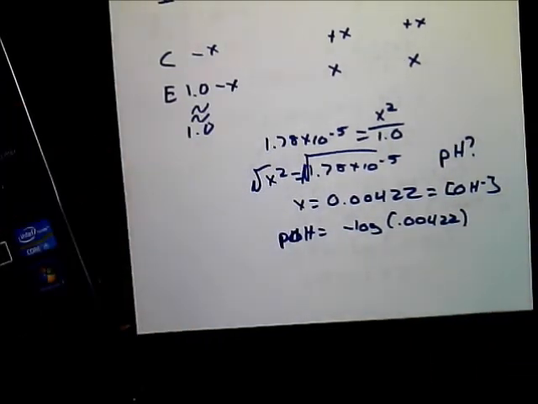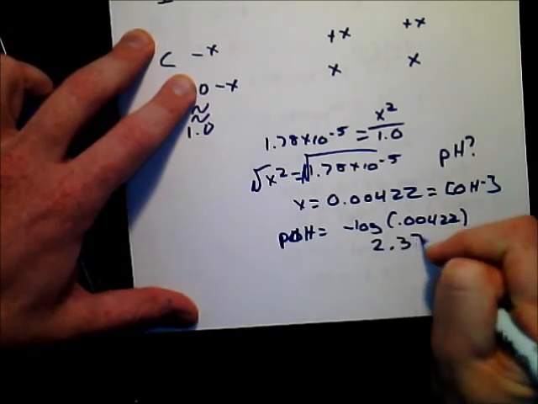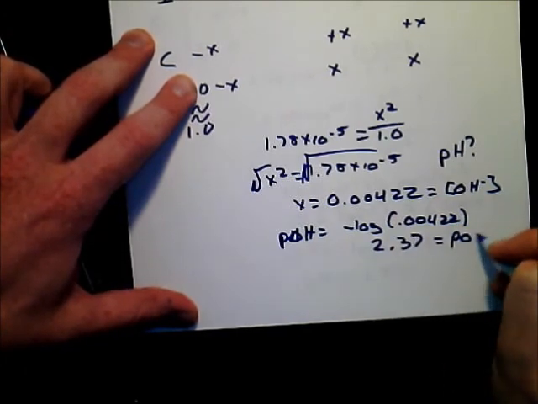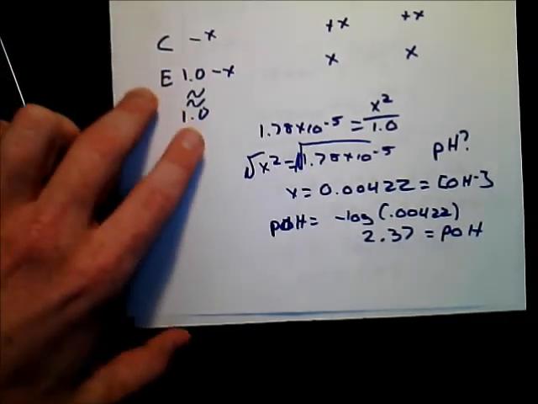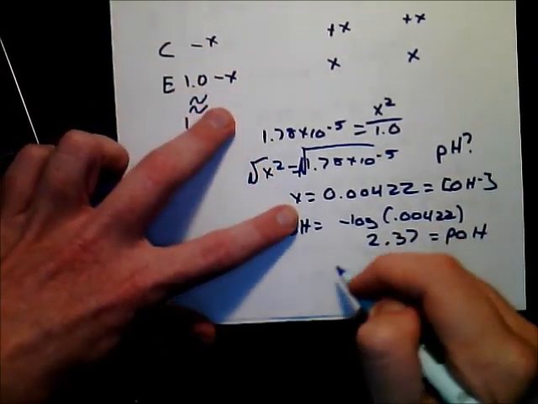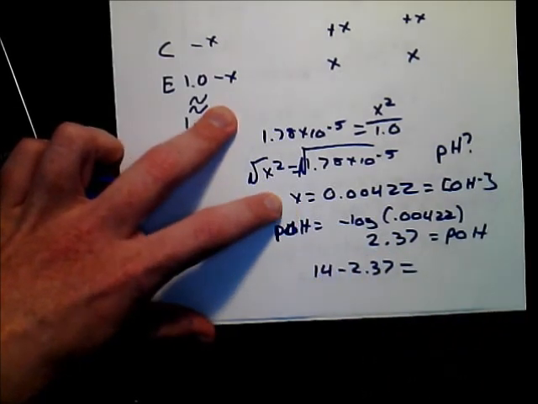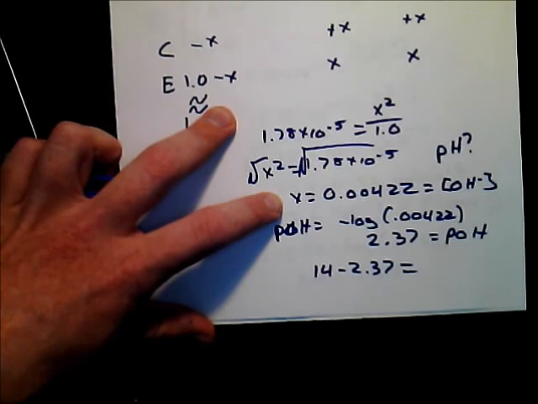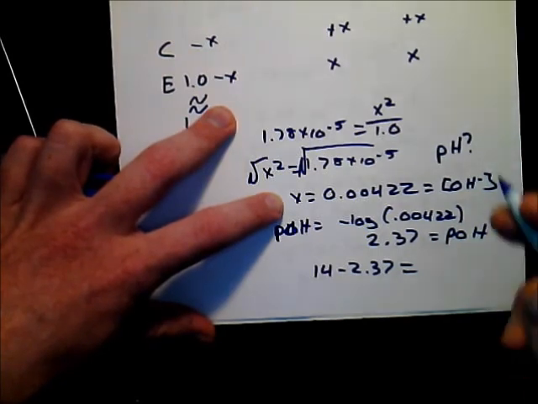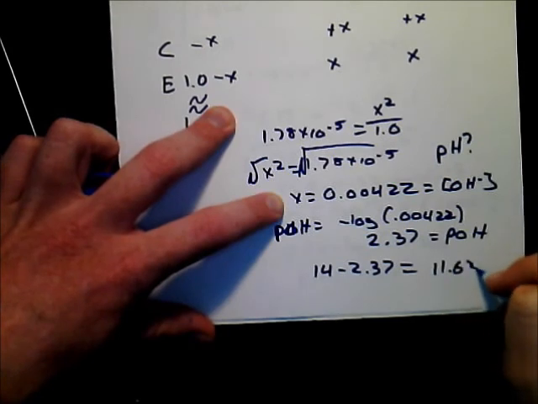So we take the log of 0.00422, and we get 2.37. That equals the pOH. And then we know that pOH plus pH have to sum to 14. So we just subtract from 14. We get a pH of 11.63, let's call it.